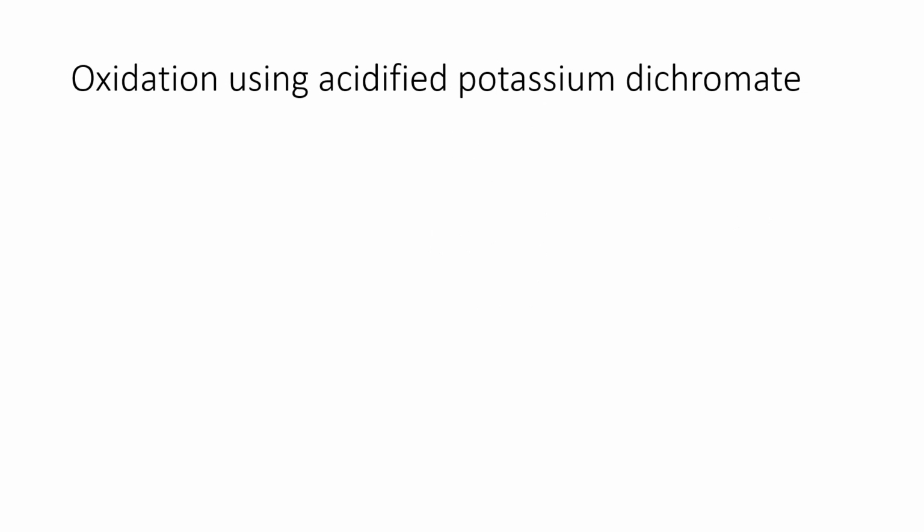Okay, the second test I've got here is oxidation using acidified potassium dichromate. When you take certain functional groups and you warm them with acidified potassium dichromate, the colour change that you see goes from orange to green.